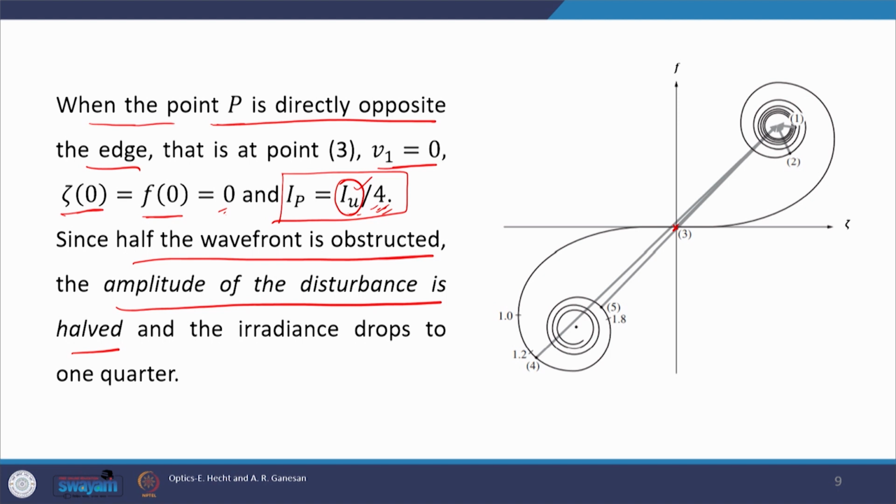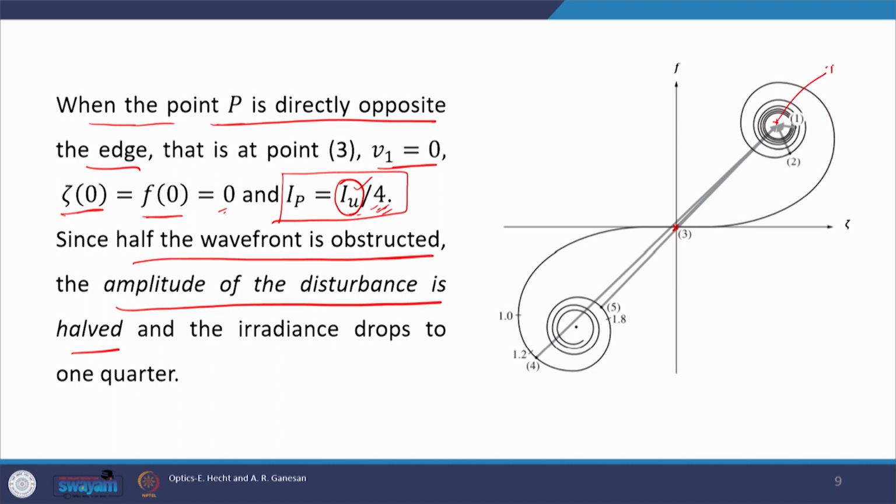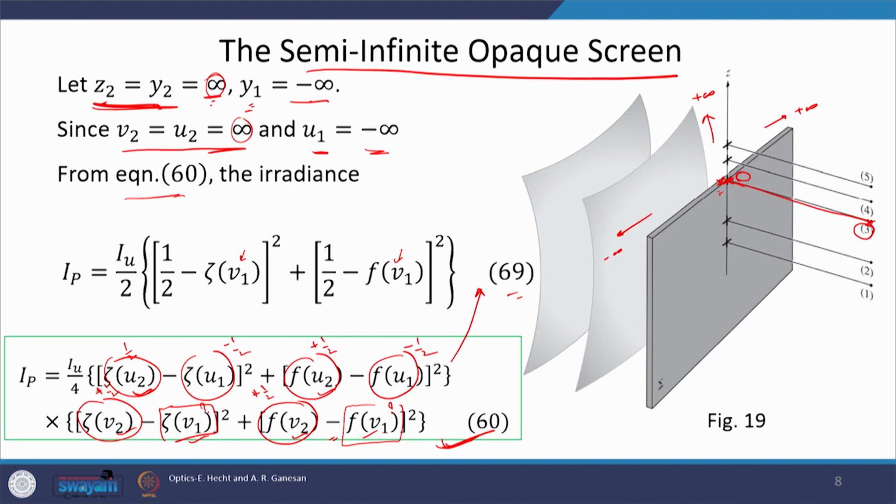Now, from point 3, if you want to calculate the irradiance, the upper edge is at infinity, because the opening is extended till infinity, and infinity is represented by this point here, which is our B plus tilde. Therefore, the resultant phasor would be this, the phasor which starts from point 3 and extends till point B plus tilde. Now, let us again go back to the figure.